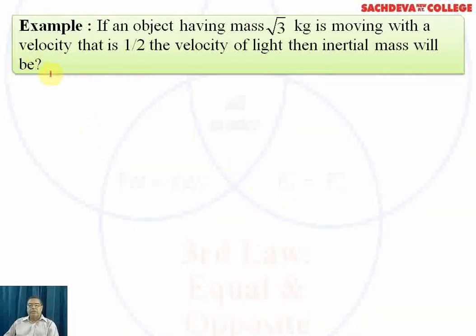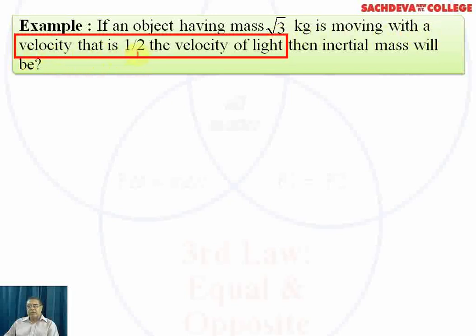Now we come towards certain examples and their solutions. Suppose that an object has mass root 3 kilogram. Root 3 means 1.73 kilograms, and it is moving with a velocity that is one half the velocity of light. So if the velocity of light is c, then the velocity of that mass is c over 2. Then what will the inertial mass be?